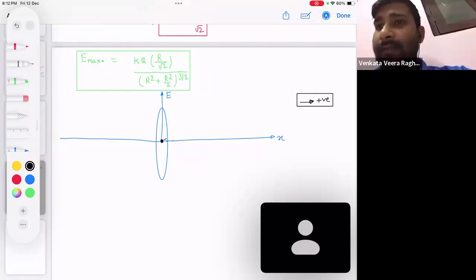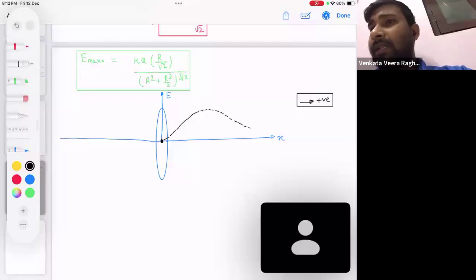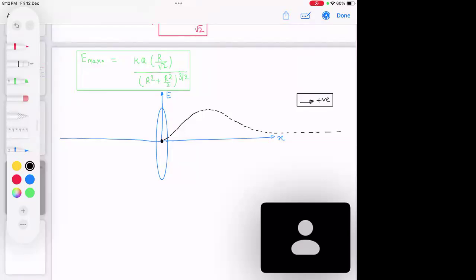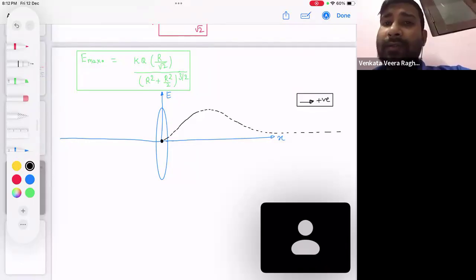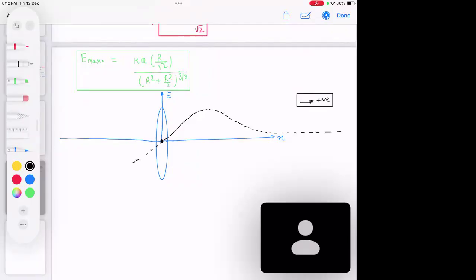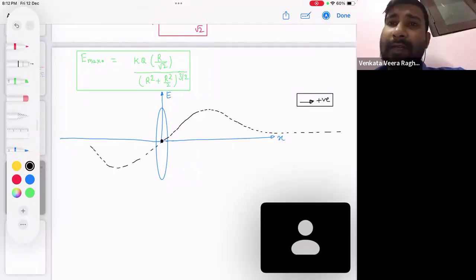It will reach a maximum value, and then at infinity the value will become 0, at very far away. And on the other side, it will go downwards, and exactly a mirror image graph will come on the other side also.